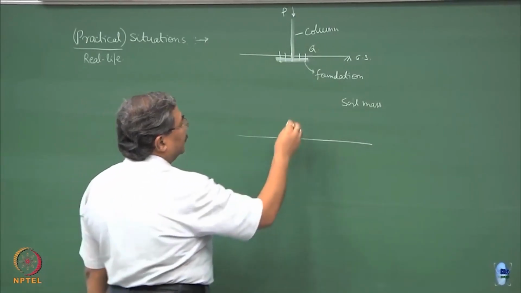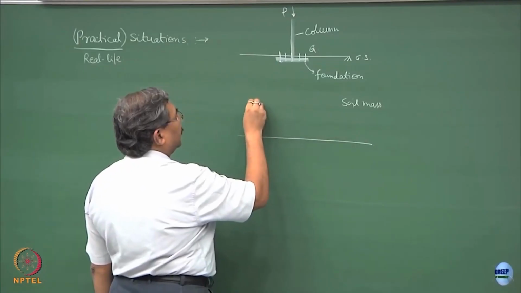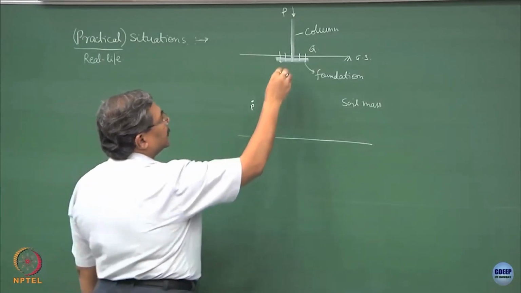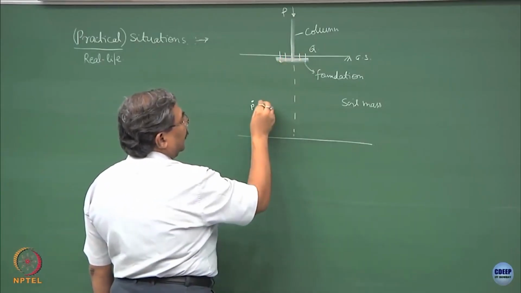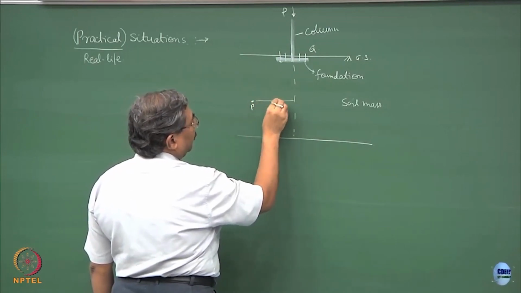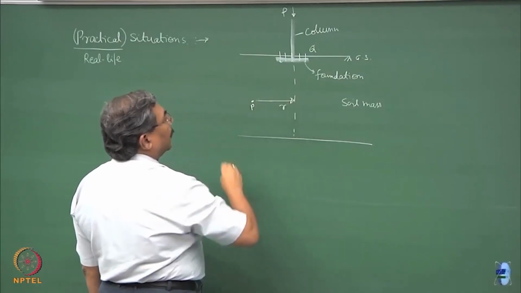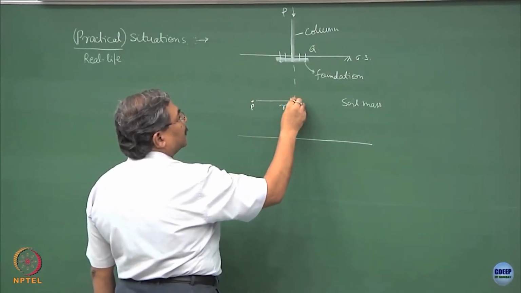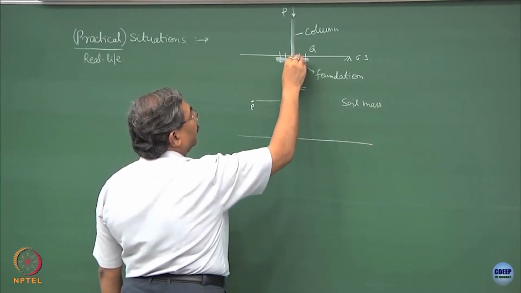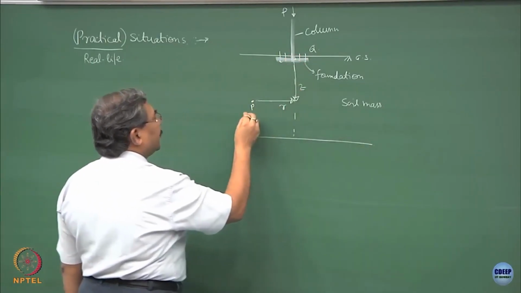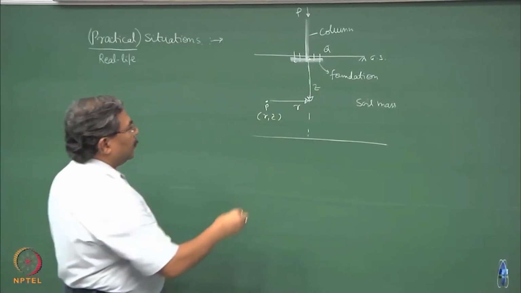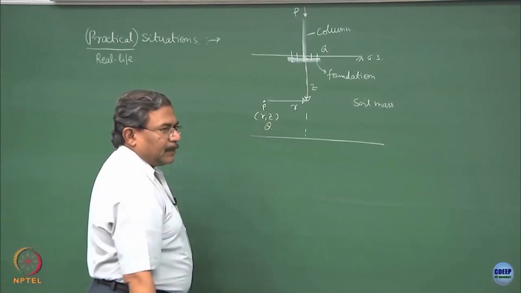I would like to understand what is the state of stress at this point P, and this point P can be defined in such a manner that I can say that this is the radial distance R, and the depth of this point is Z. So basically it has the coordinates R, Z. I can include theta also here, it could be R, Z and theta.